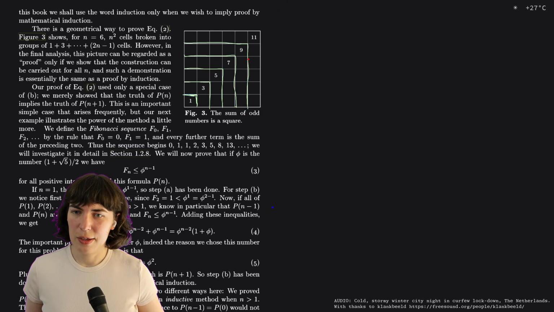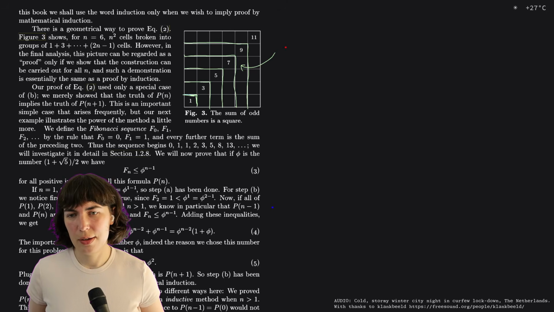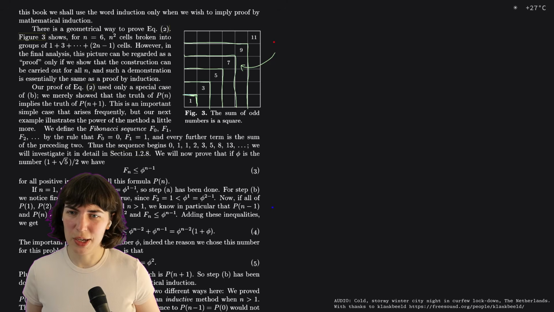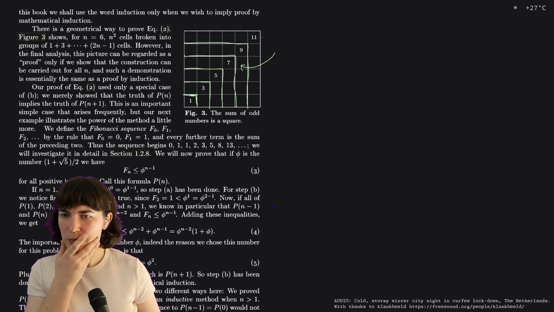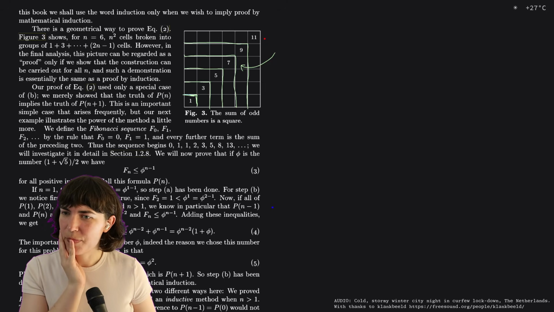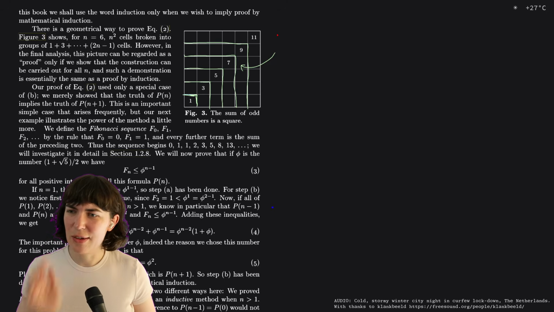So, if we look at like a 9, for example, how many cells do we have? We've got 4 plus 4 plus 1, that's 8. Okay, whatever. Yeah, how does this prove it?